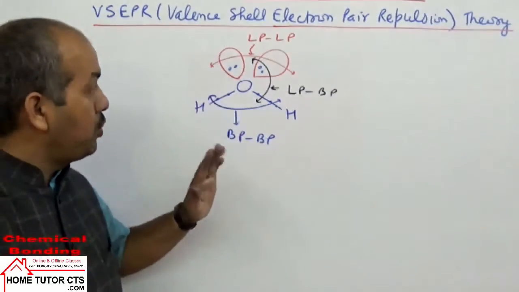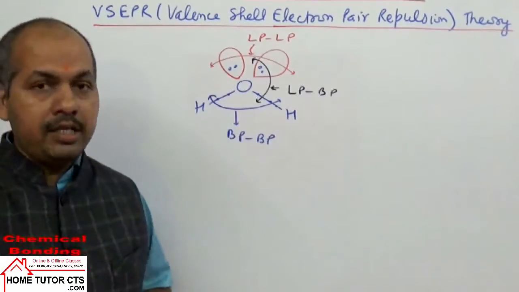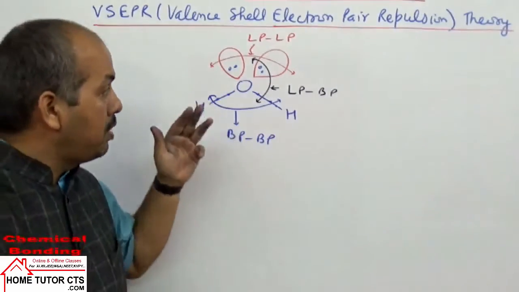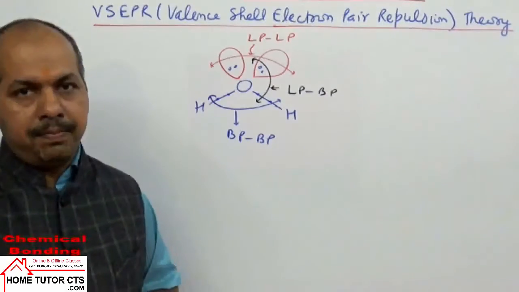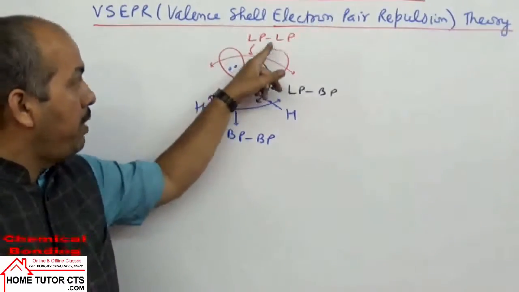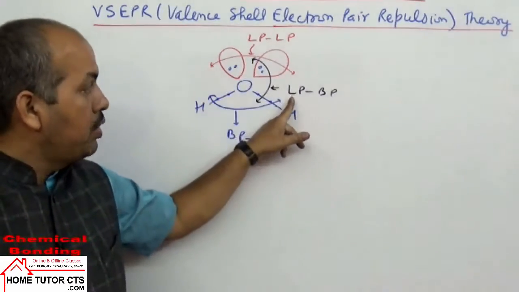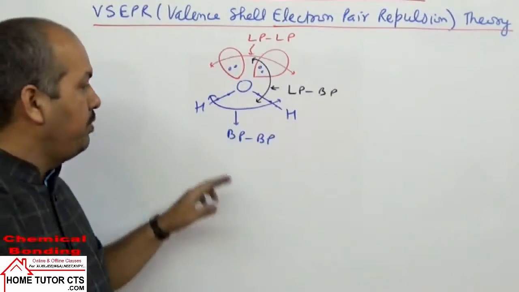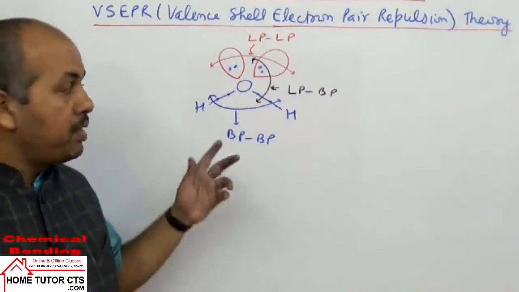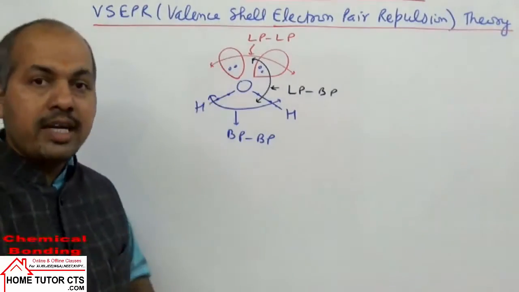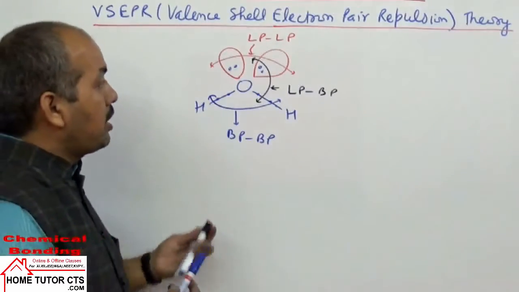If they have lone pairs also, then we have three possibilities. We have three kinds of repulsion possible of the electrons around the central atom. What are they? Lone pair-lone pair repulsion, then lone pair-bond pair repulsion, and then finally bond pair-bond pair repulsion. So repulsions are taken in three categories around the central atom. So can you tell the repulsion order?